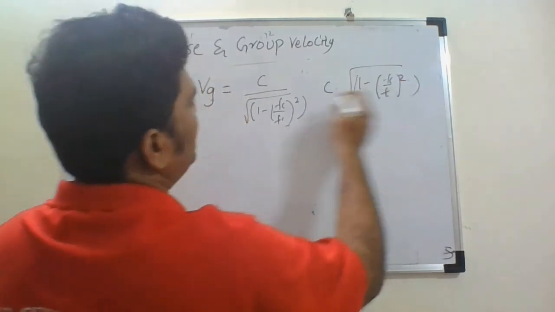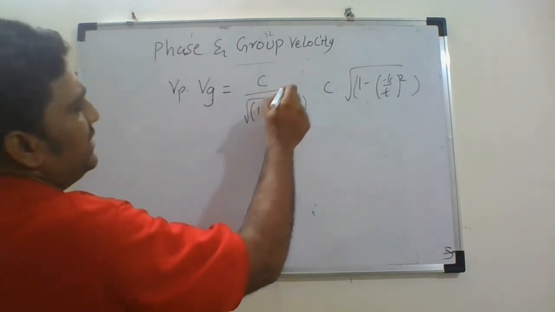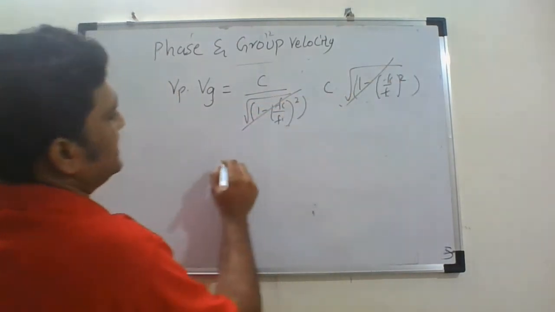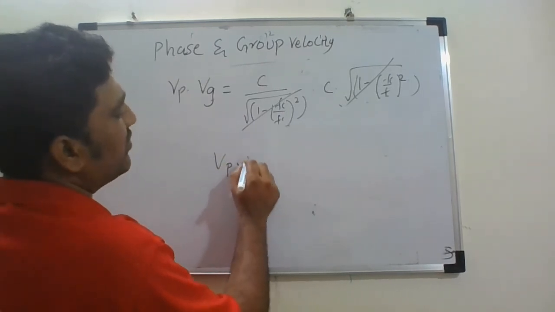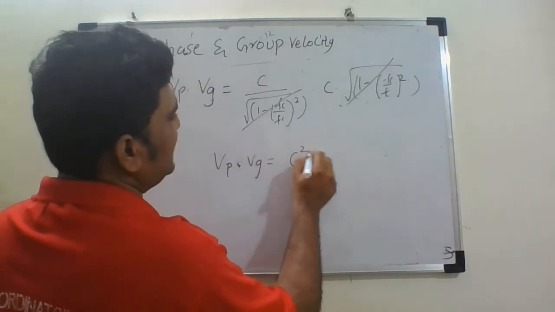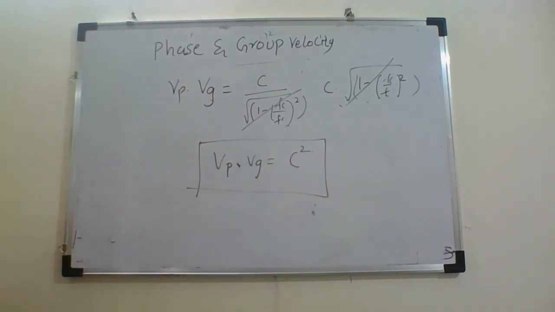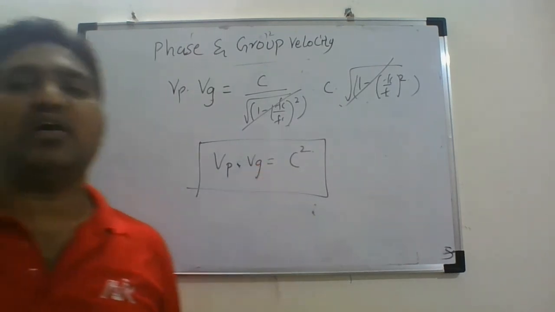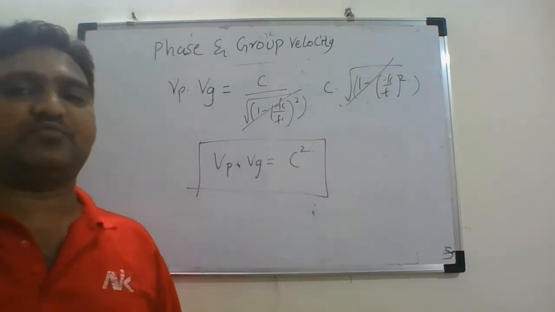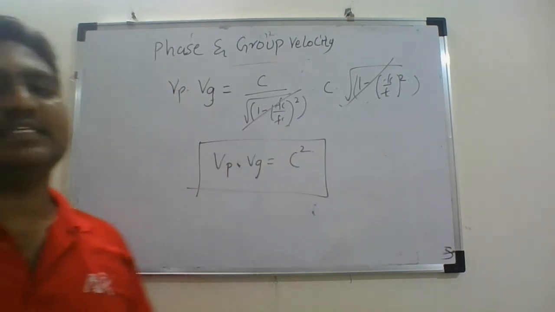Vp is this, Vg is this, so when I multiply these two, this gets cancelled. So Vp into Vg is equal to c square. This is a very important relation we have to remember. The product of phase and group velocities is equal to the square of the intrinsic or free space velocity. So Vp into Vg is equal to c square.